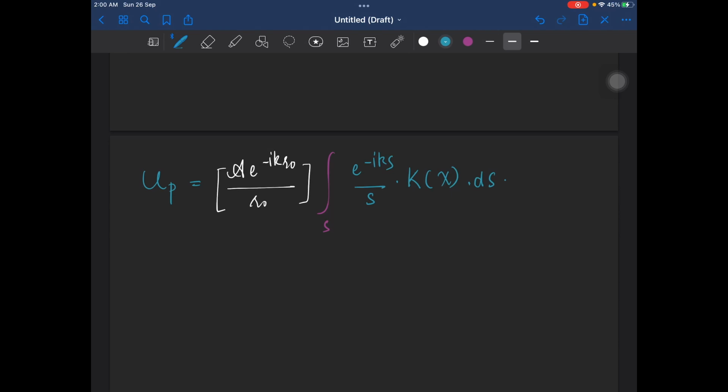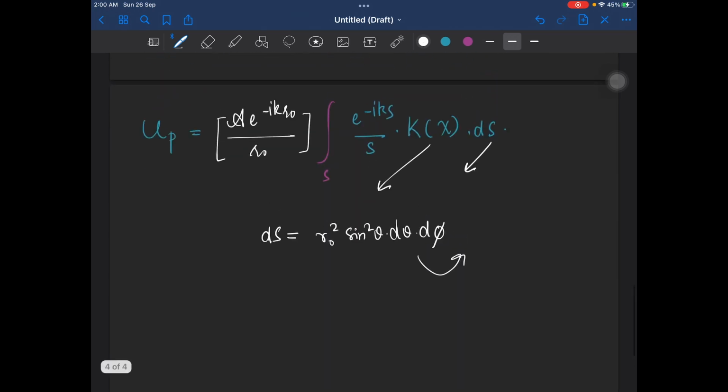We have some things to calculate here. We have K(chi) to calculate, dS to calculate. One thing is that dS is basically r0 squared sin theta d theta d phi. This can be thought of as a sphere with this band.